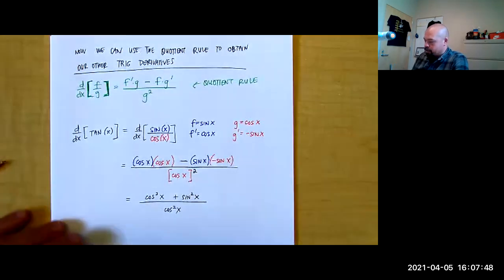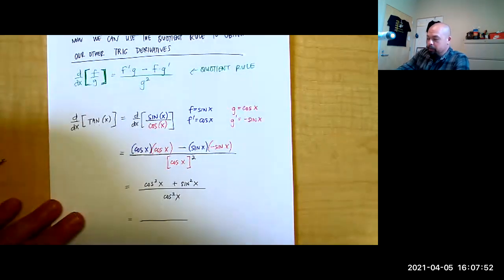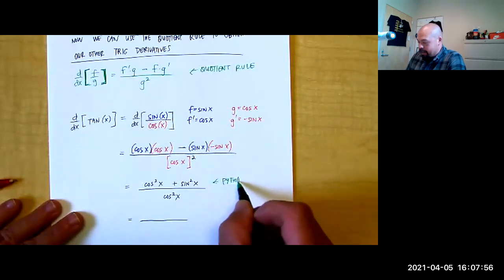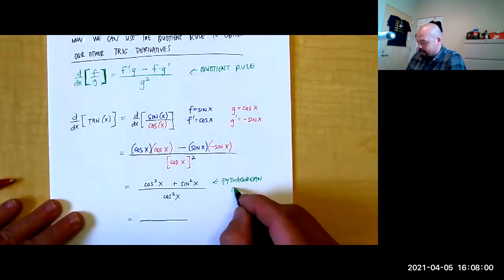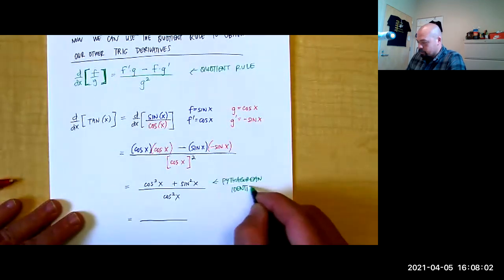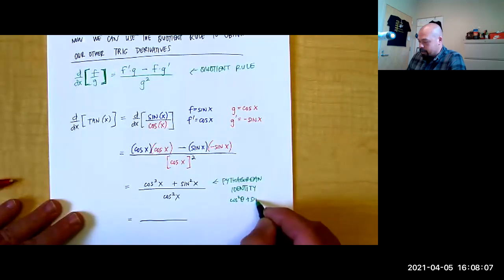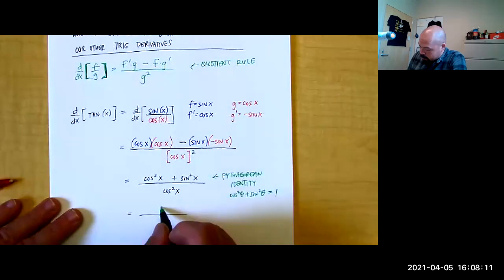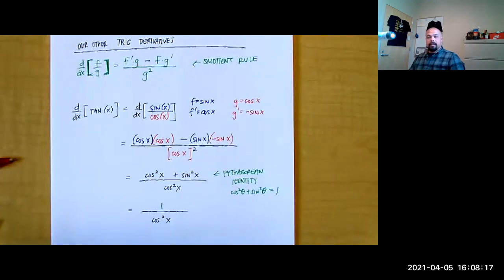We have to break that fraction apart. But in the numerator, our Pythagorean, our common trig identity, makes its appearance, right? Cosine squared theta plus sine squared theta, or in this case x, is equal to 1. So the numerator is 1 all over the cosine squared of x.